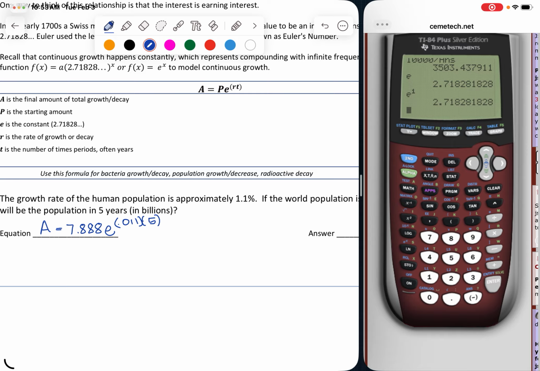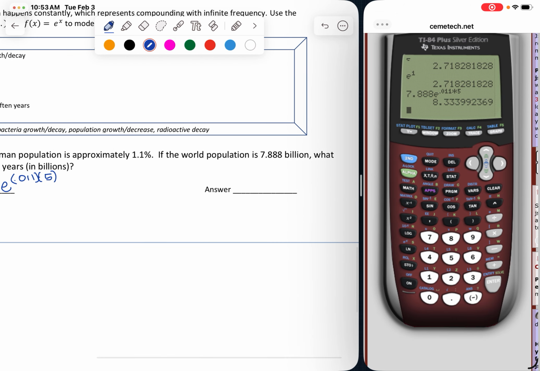All right, so we're going to do 7.888 e to the, so I'm going to use second ln, and then 0.011 times 5. Enter. And then remember our answers in billions. So we have 8.334 billion people.